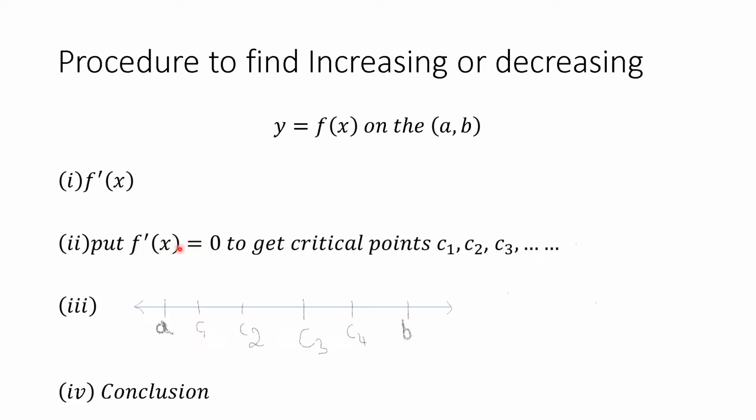After solving this equation, you will get the roots. These roots are called critical points. Call them c1, c2, c3 and so on. And divide the interval in this way. Okay. And in the fourth step, write the conclusion. That's all.